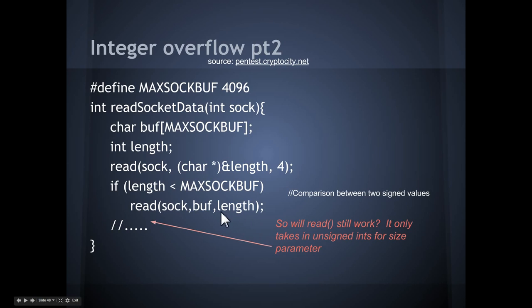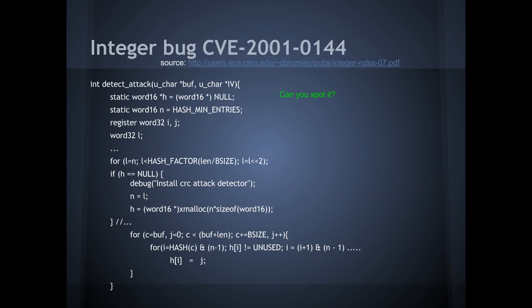So the question is, will read still work because this is a signed integer? And effectively, yes, it's going to get typecast to size_t, and so it's going to get used as an unsigned integer in the function. That may be compiler dependent, but in most cases it's not. So here's the next example.